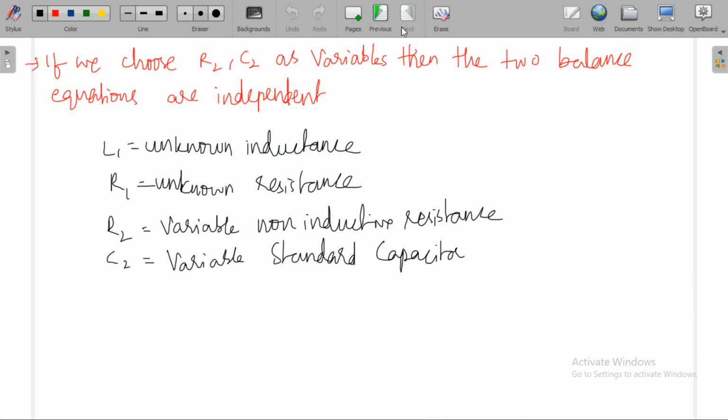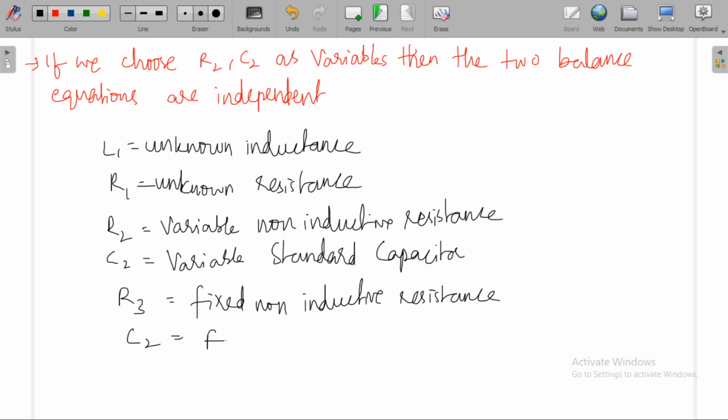R3 is fixed non-inductive resistance, whereas C4 is fixed standard capacitor.